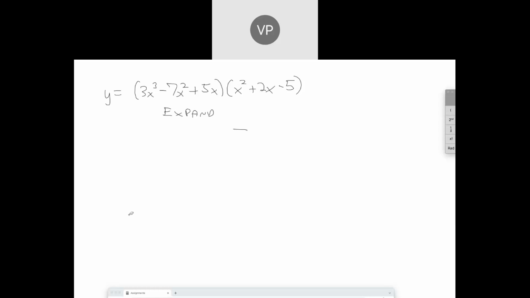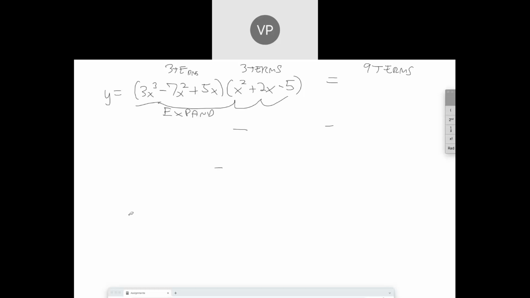Well, if I have 3 terms multiplying by 3 terms over here, that's going to give me 9 terms. Okay, so when you FOIL this out, you have to take the 3x cubed and multiply to every one of these.